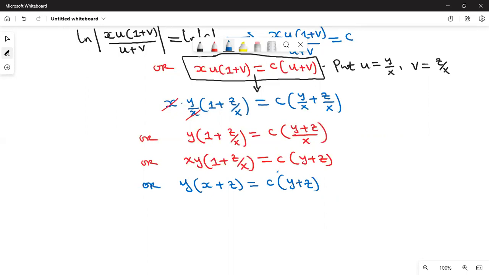So this is our general solution. A C that we have here is an arbitrary constant. So that's how to solve a Pfaffian differential equation when the equation is homogeneous in three variables, x, y, and z.